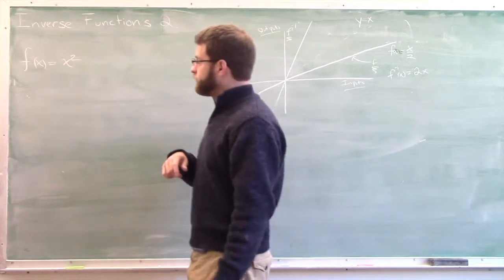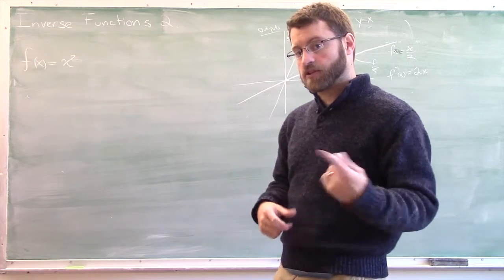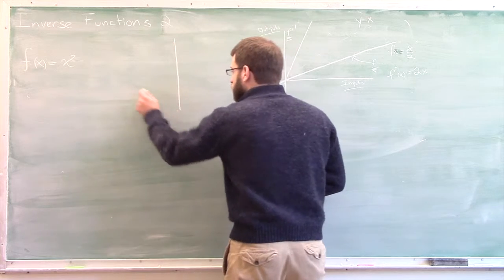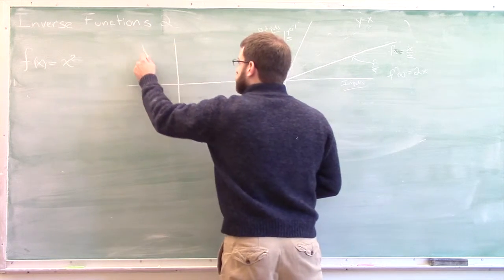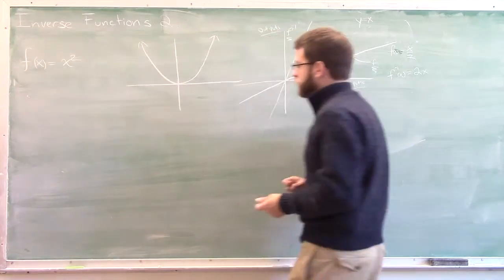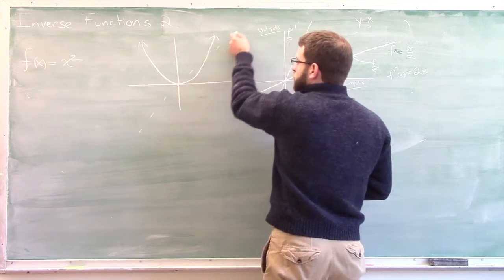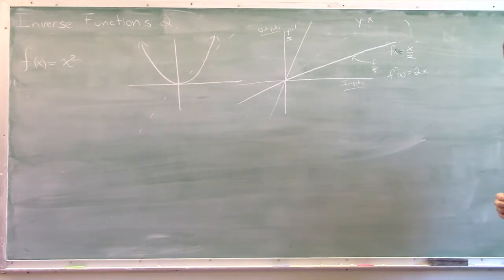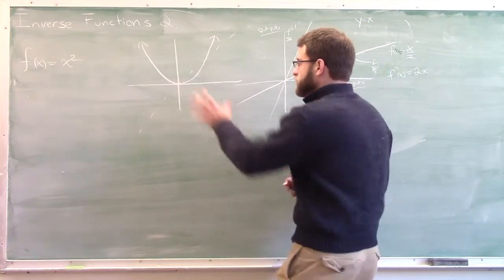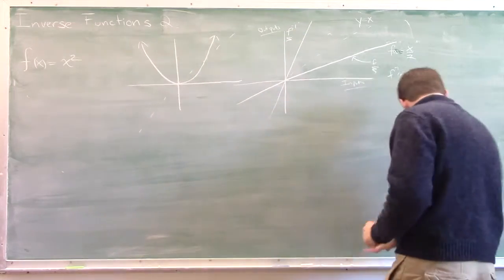If we look at f of x equals x squared and think back to some of the properties of the graphs of functions, we can see that we might run into some issues here. So let's draw a graph of x squared. Let's say that this is our graph of x squared, and let me draw in the line y equals x. Let me try to draw the reflection across the line y equals x, switching the roles of y and x.